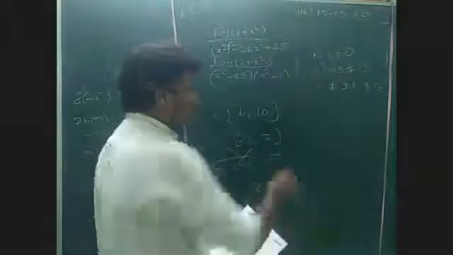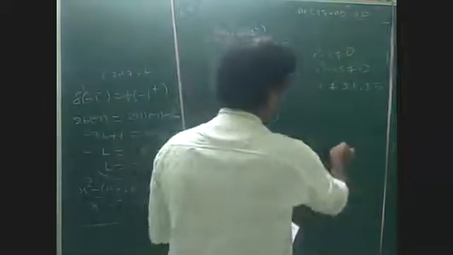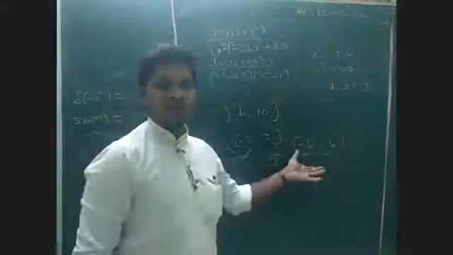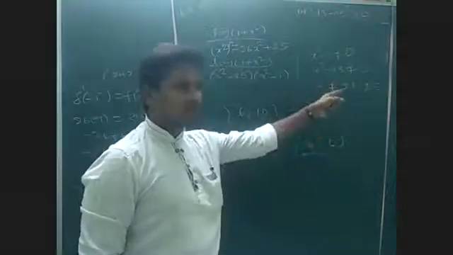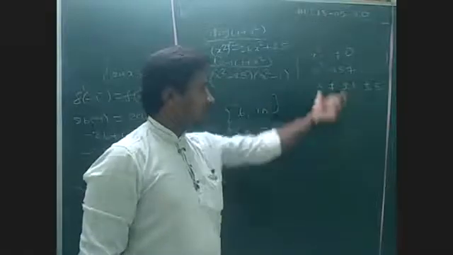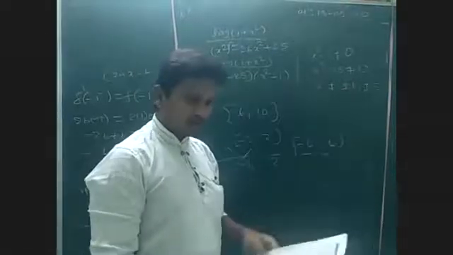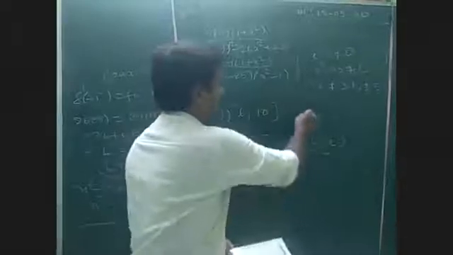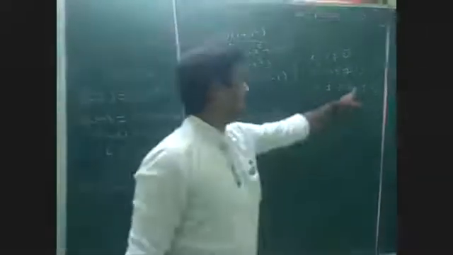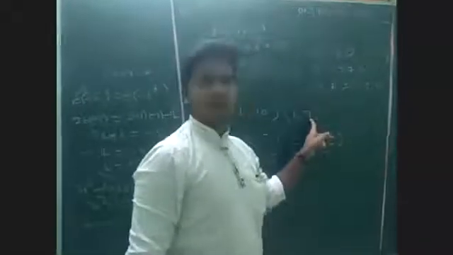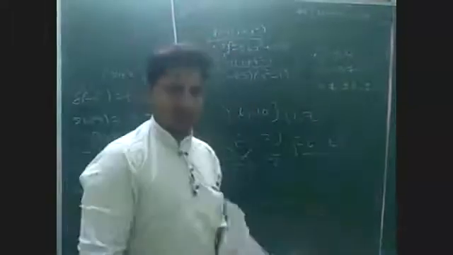Third option, minus 6 to plus 6. In between we have all these values, so it is not continuous. 1 to 7, 1 will be there, 5 will be there, so it is not continuous. So the first option is right.